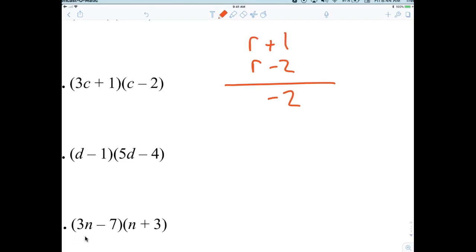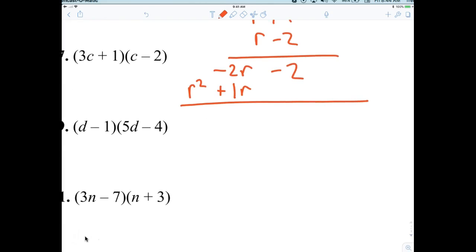Negative 2 times R. Negative 2R. R times 1. Now notice I'm putting a positive 1R, right? And then R times R. R squared. Does everybody see that? So my answer here is R squared minus R minus 2.